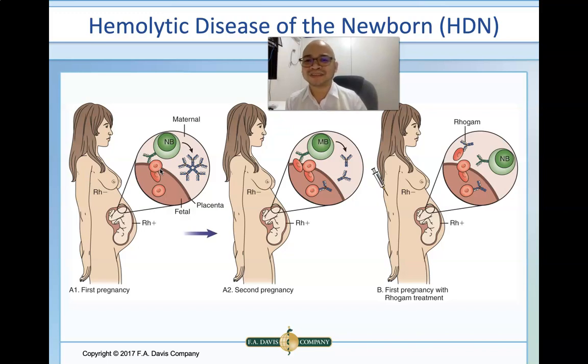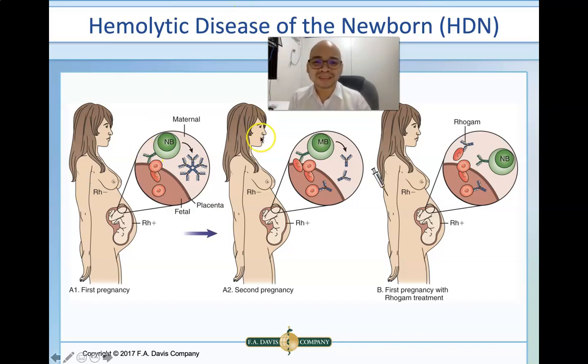So in sensitization, the first child will be delivered safely because the mother hasn't produced antibodies yet. So no antibody production yet. So during the second pregnancy, the mother has already produced anti-D.